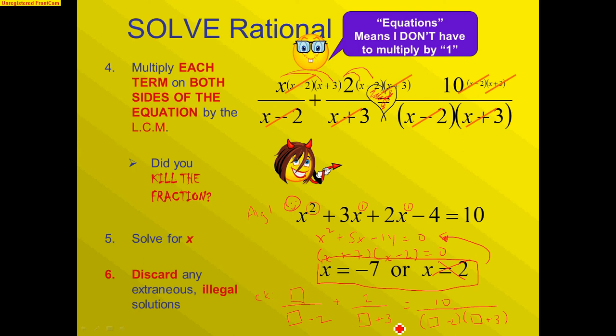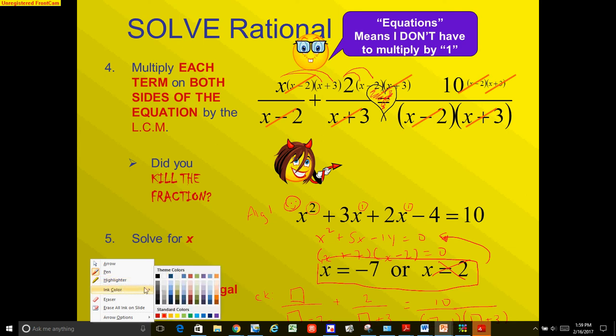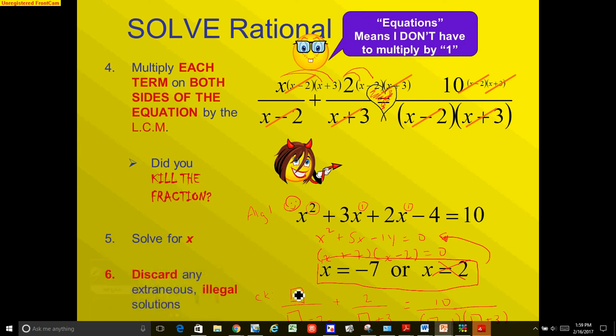Now let's check just to see if -7 creates equality. So I already know I can't put 2 in, or I create division by 0. But can I put -7 in? What do I get? I'm going to write my answer up here since I've run out of room.